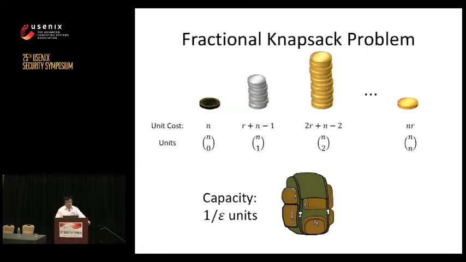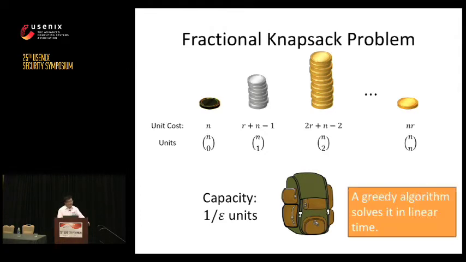The key insight here is that it can be treated as a fractional knapsack problem, where the pure strategies of evaluating i circuits correspond to the i-th type of n choose i different objects, whose unit cost is that of evaluating i circuits and checking n minus i circuits. The goal here is to fill up a bag of size 1 over epsilon units with the minimal cost. A simple greedy algorithm will solve this in linear time.